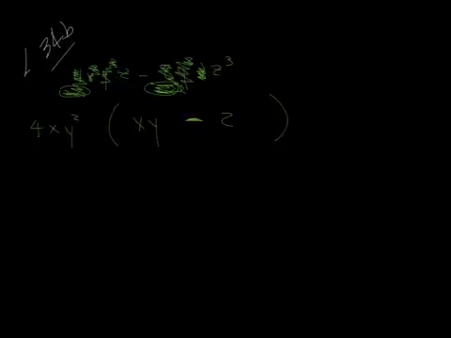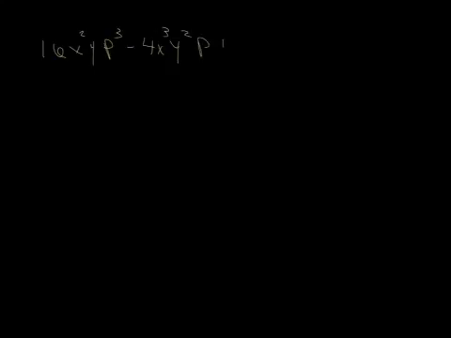So the final example that they have in here is example 3. And example 3 is 16x squared y p cubed minus 4x cubed y squared p plus 2x squared y squared p to the 15.